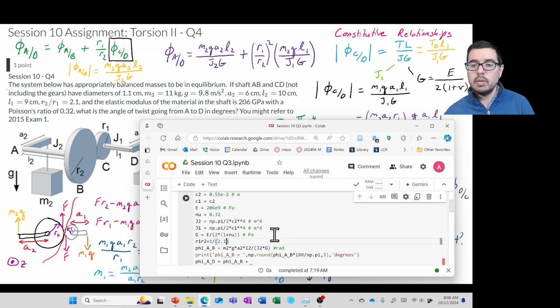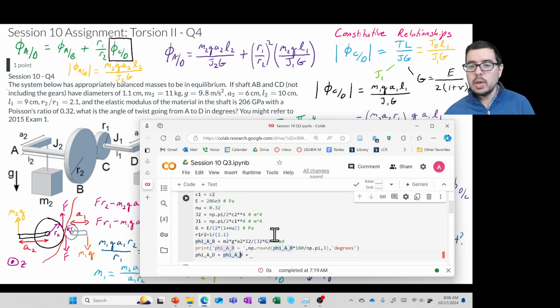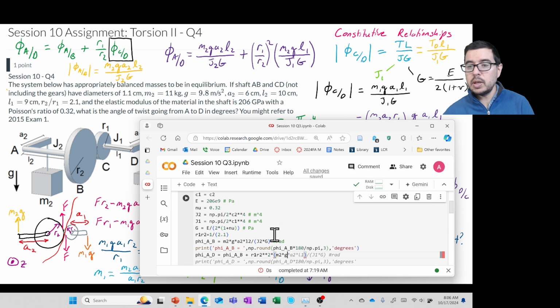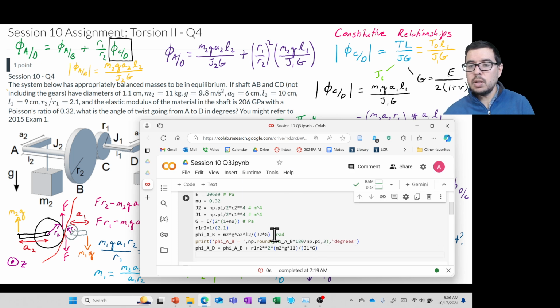Just like that, I don't really need parentheses. Now I have an R1 R2, and I'm going to square that. And we have this quantity M2, which I defined. We defined G times L1. Yes, defined, good. And then this quantity J1 times G, that's defined as well. So we should be good there.